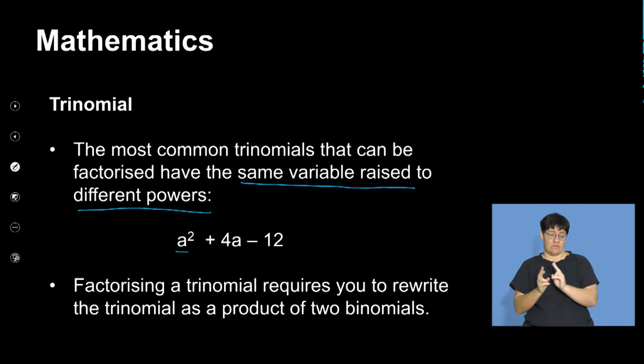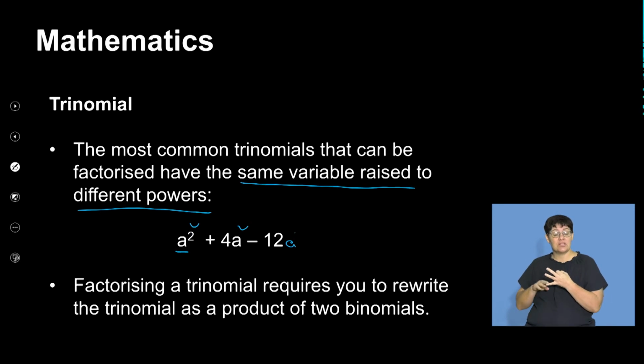The variable here is a, so the first exponent is 2, the second exponent is 1, the third exponent, although we hardly write it, is actually 0, because remember that a to the exponent of 0 is 1. So 12 times 1 is the same as 12. So you can see that the exponents are always in descending order of the variables, not the numbers. The numbers, we don't really look at their exponents.